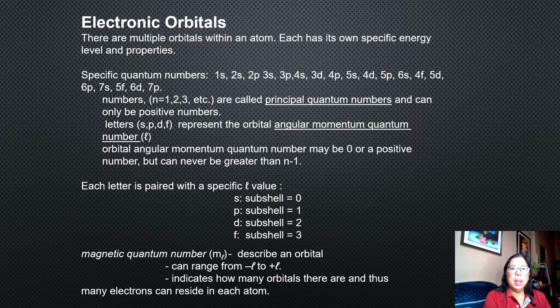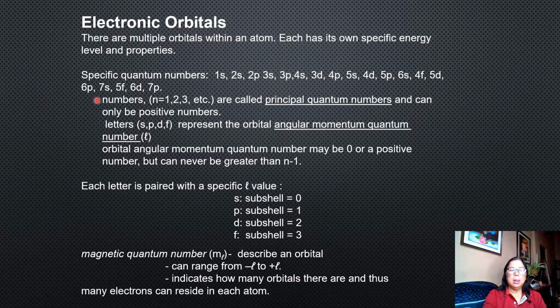Okay, it is very important for you to understand and review the electronic orbitals of carbon. There are actually multiple orbitals within an atom, each with its own specific energy level. So if you are going to review your quantum numbers, these are your distributions.